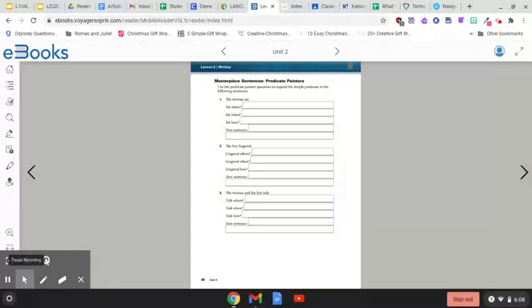Now turn to page 48 in your student books. Let's look at our instructions. Use the predicate painter questions to expand the simple predicate in the following sentences.